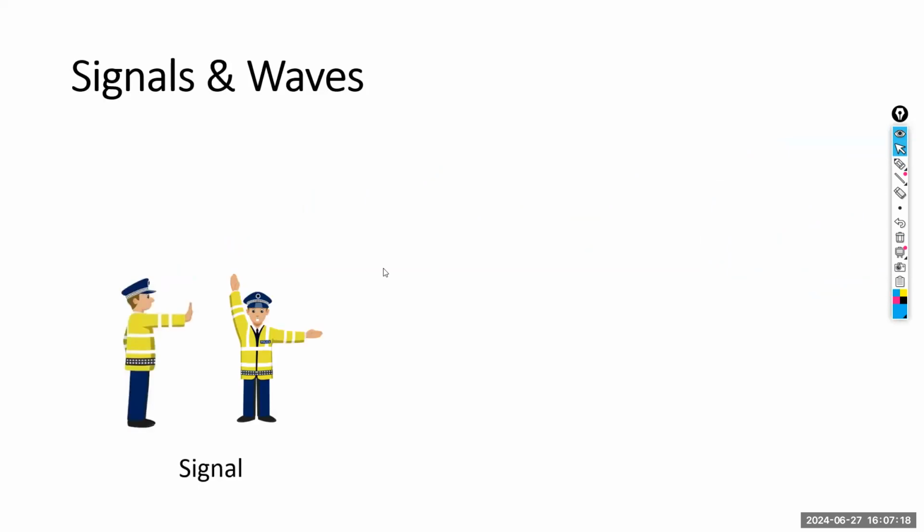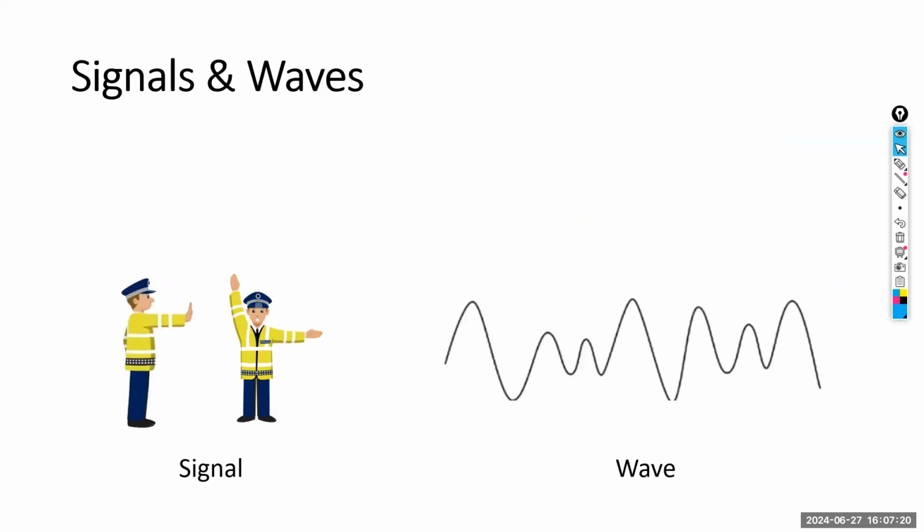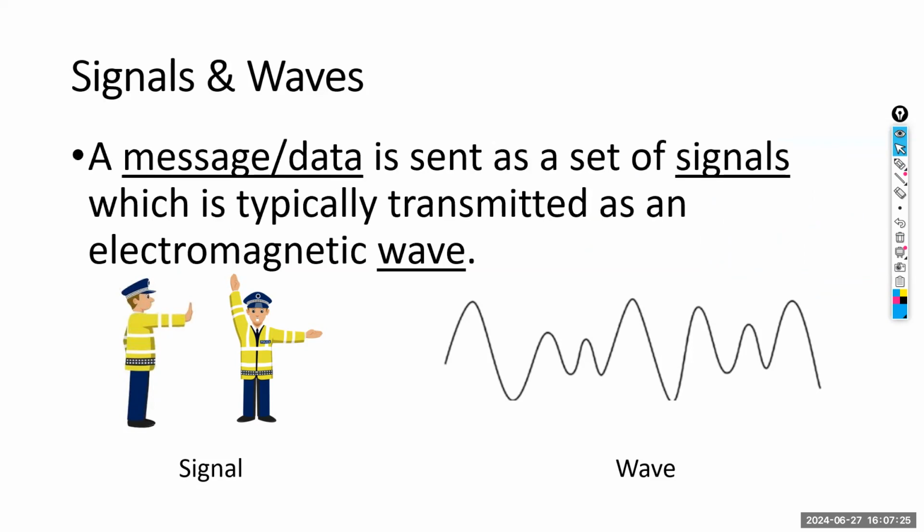Of course, waves can represent a signal. We discussed that there are two types of waves: analog waves and digital or discrete waves. Why are we interested in waves? Because we can send waves from one place to the other.